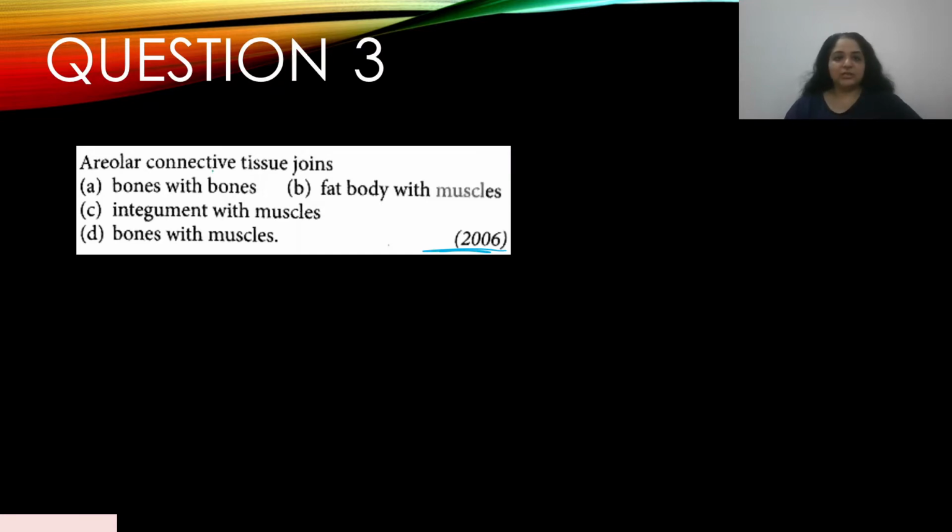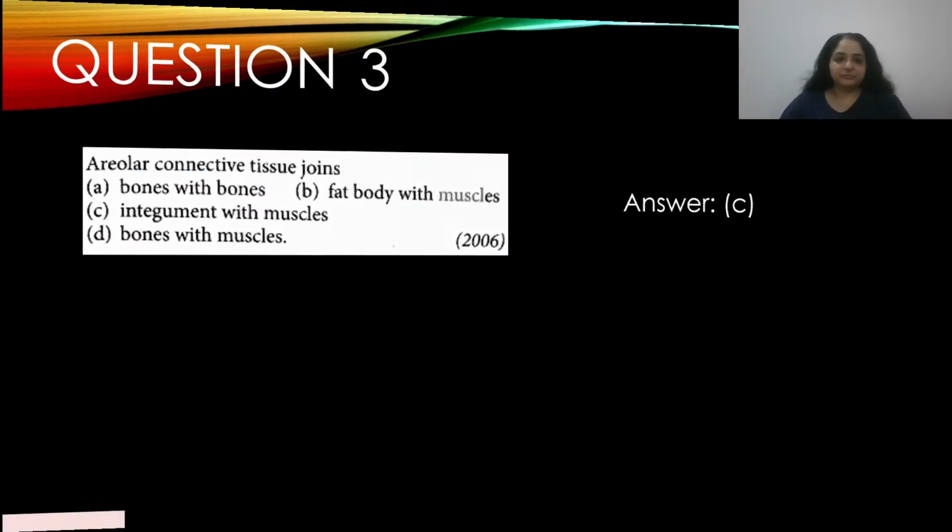So areolar connective tissue is usually known as the loose connective tissue, right? And as per the options given over here, option C is the most appropriate. It's integument with muscles. Integument is your whole skin structure.